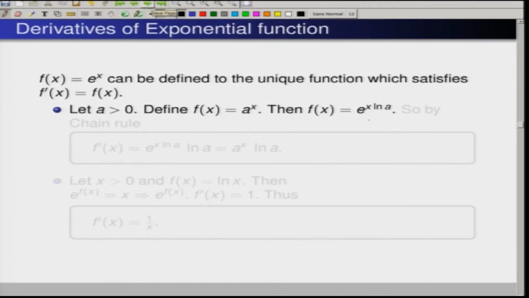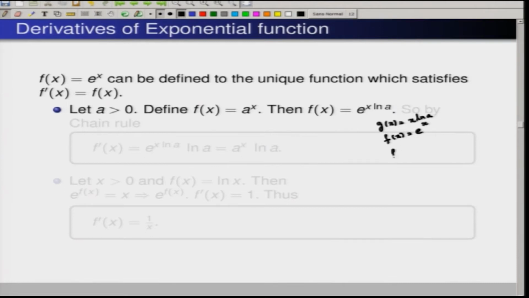So, as you can see, it is a composition, where g of x is equal to x ln a, and f of x is equal to e to the power x.